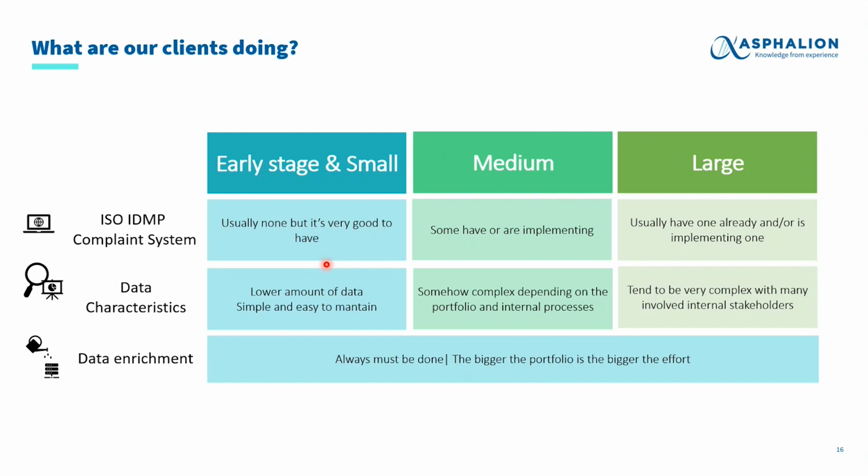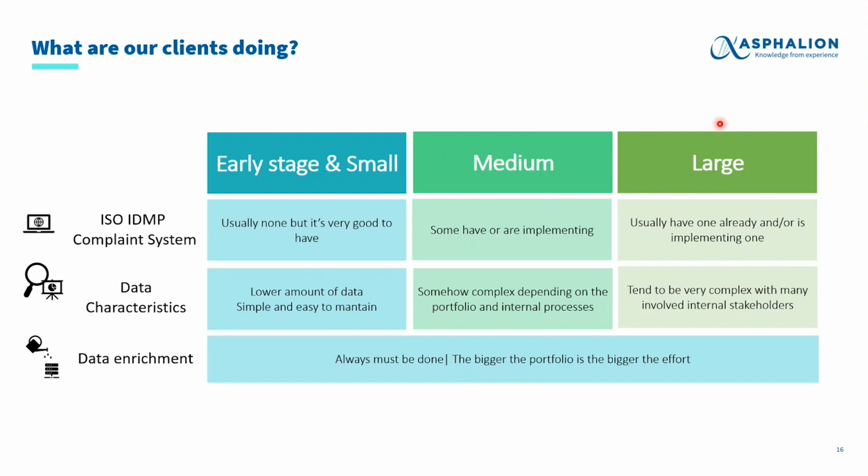This is our recommendation. For medium-sized companies, we have seen that some have or some are implementing an ISO IDMP compliance system. Why? Because somehow they start having more complex data. Obviously, it depends on the portfolio and their internal processes, but at the end, they do have the need of having their data in a structured way and in an ISO IDMP compliance system.